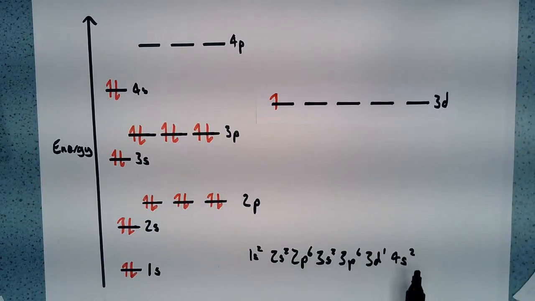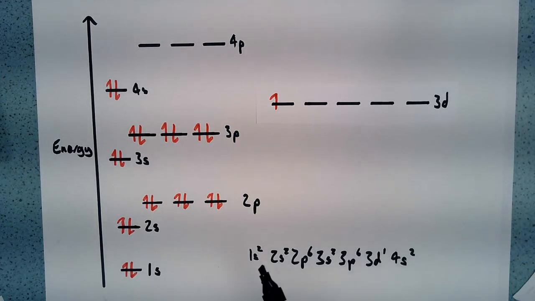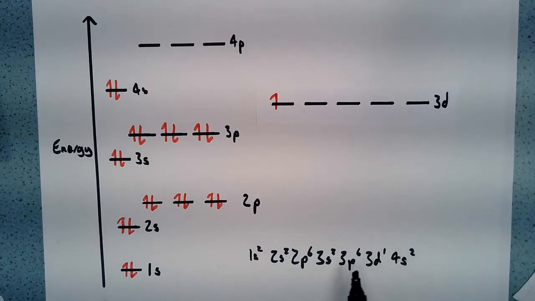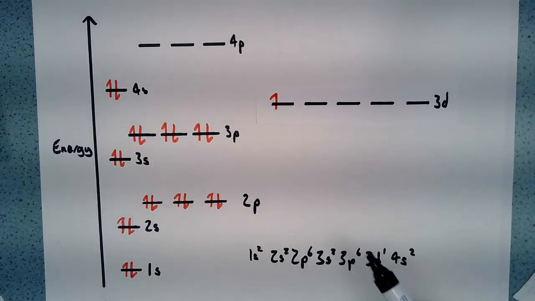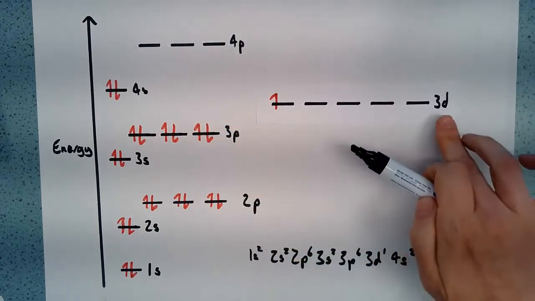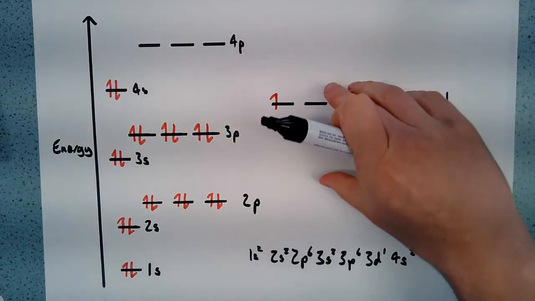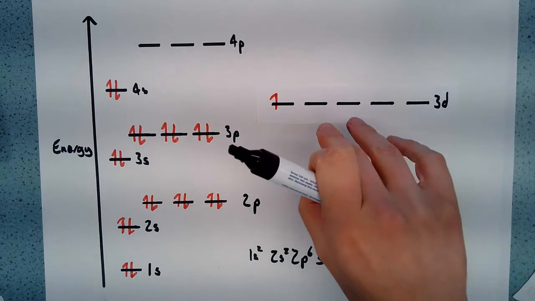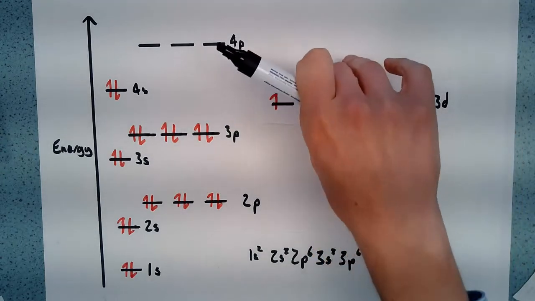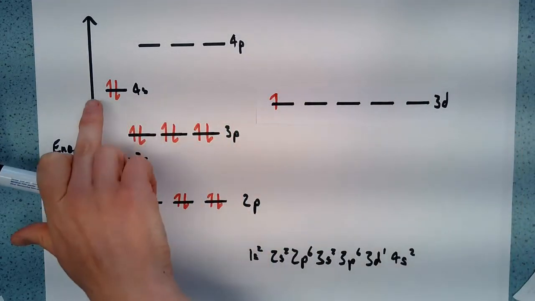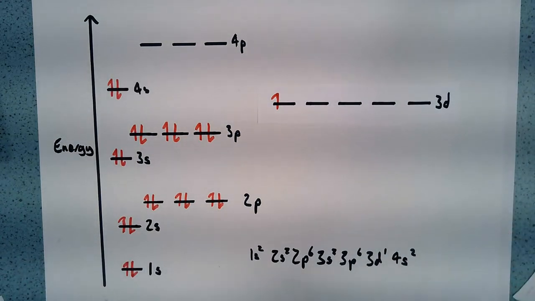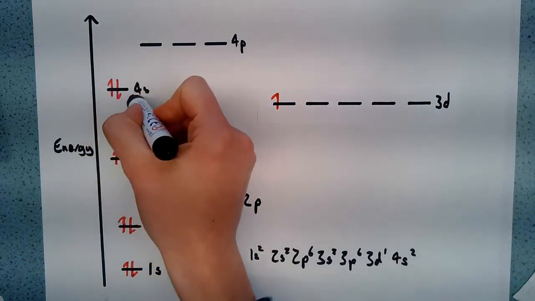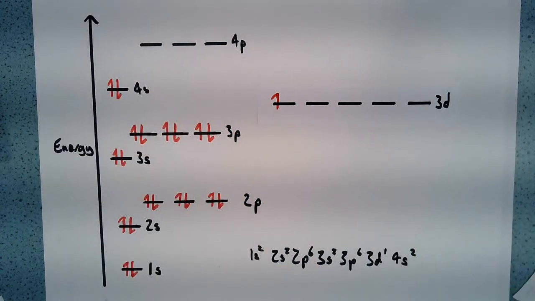But I find writing it this way is better because it reminds you that when you make ions from this electron configuration, you are actually taking out the highest energy level first, which isn't the 3d. The 3d has now dropped below the 4s. They're so similar in energy that it's only a very small change, but nonetheless, it's dropped below the 4s, and now this is the highest energy level. So when we start to take electrons out, we start with the 4s and not with the 3d.